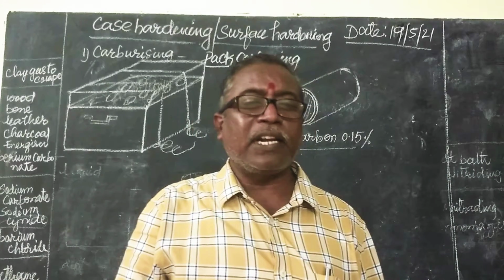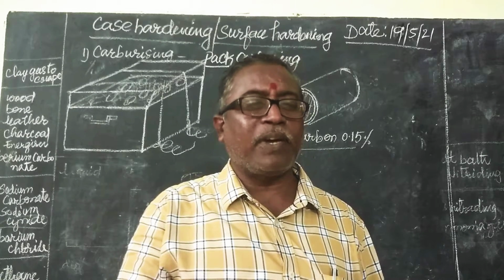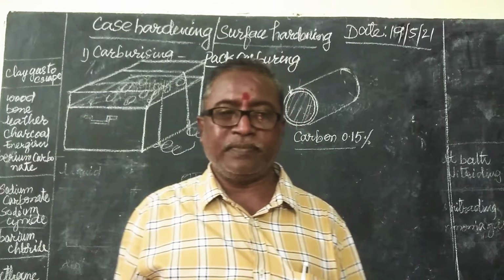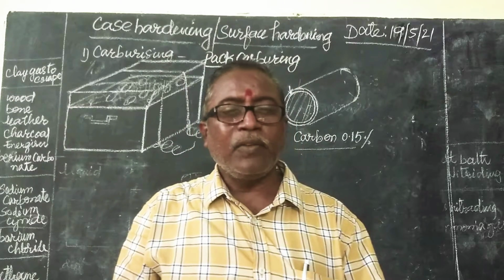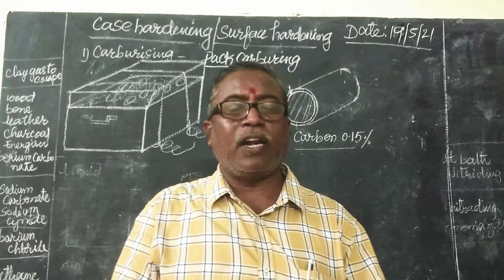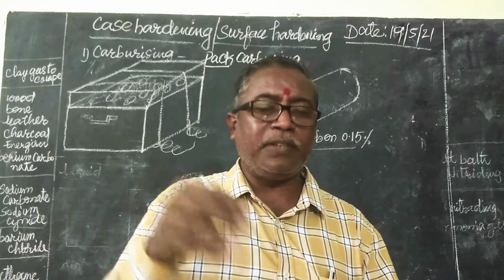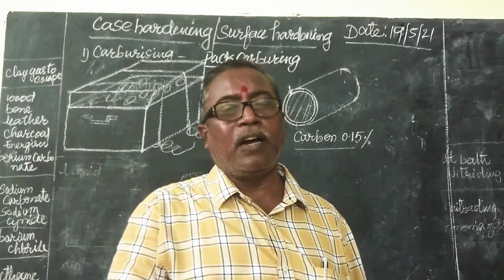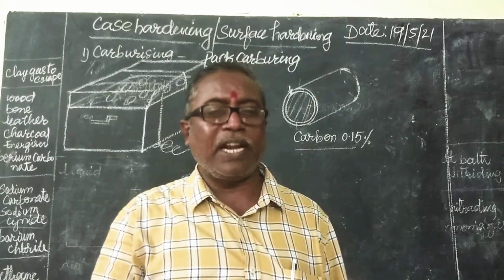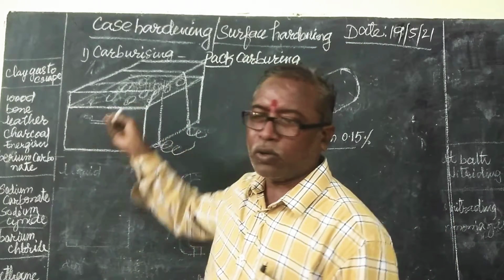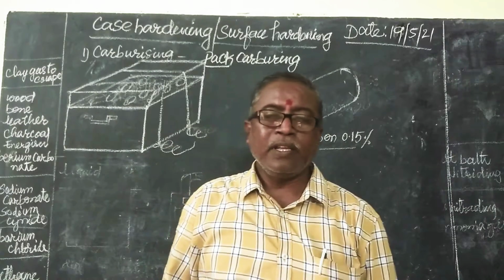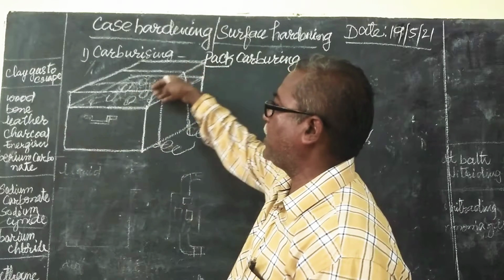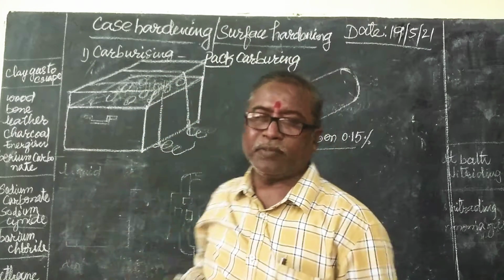When the carbon percentage is less, the material will not become hard. To get it hard, we have to induce or diffuse carbon to penetrate the outer surface of the component. For that purpose we are using charcoal. In the charcoal there is carbon. So we keep everything in the charcoal powder, then barium carbonate is added.